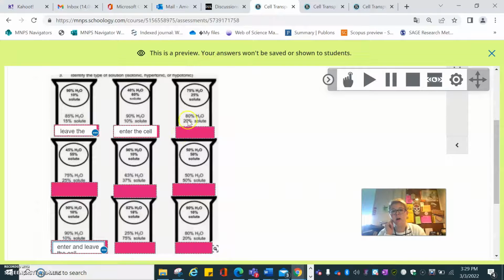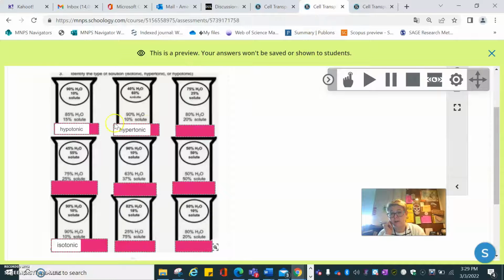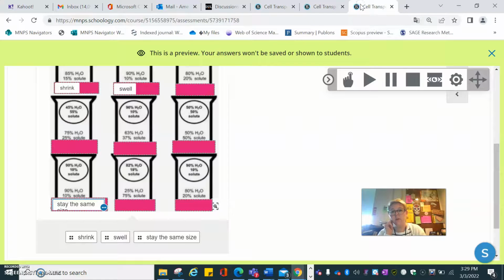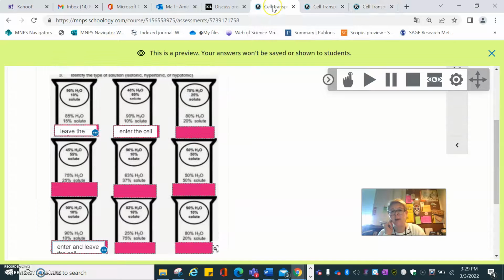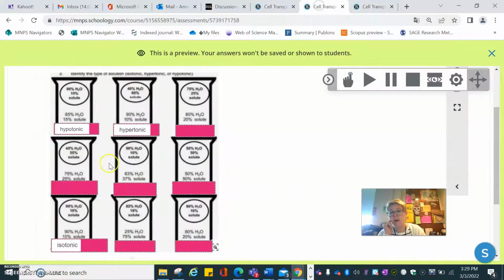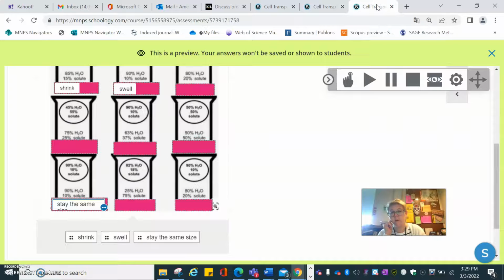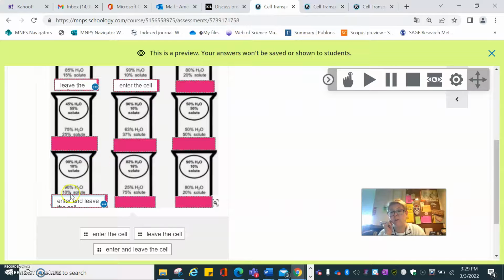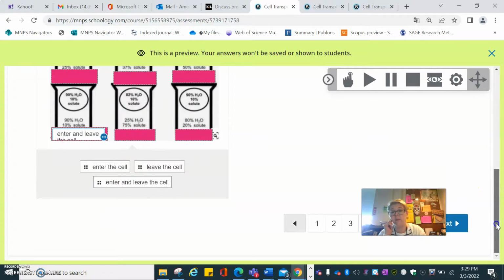Cells that are hypertonic will swell because water is entering the cell. Cells that are isotonic will stay the same size because water is entering and leaving the cell at the same rate.